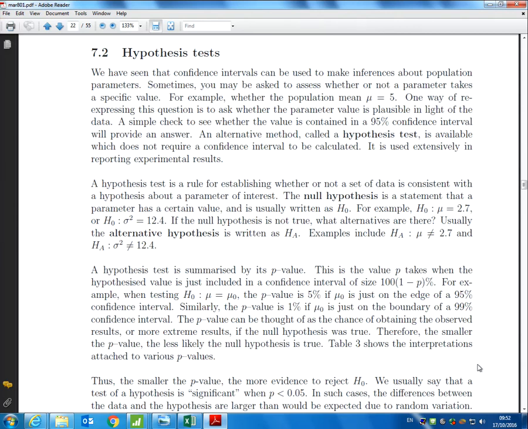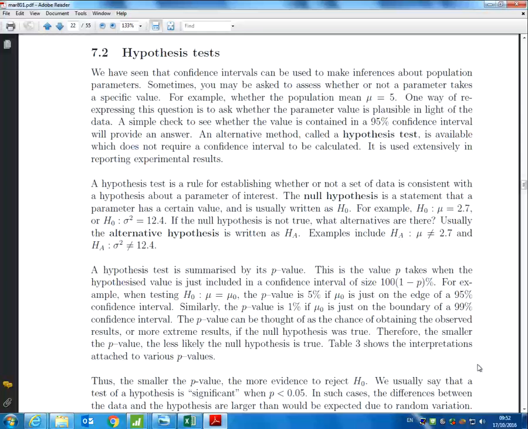An example of a null hypothesis would be the true mean equals some value. So the true mean equals, let's say, 2.7. And as well as the null hypothesis, which has the shorthand notation H0, you have an alternative to the null.